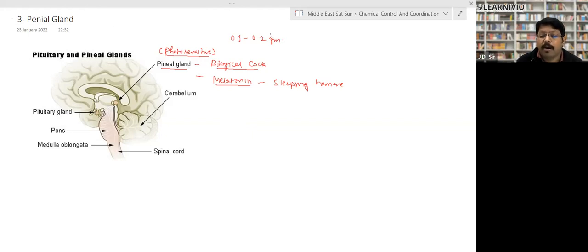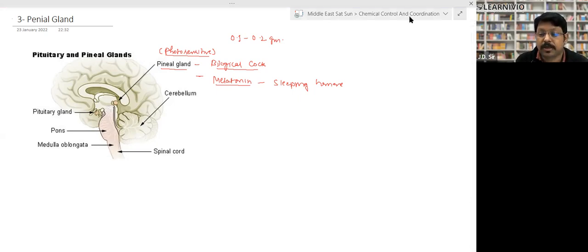Because of light mediated response, the pineal gland is called the biological clock, which produces circadian rhythm.